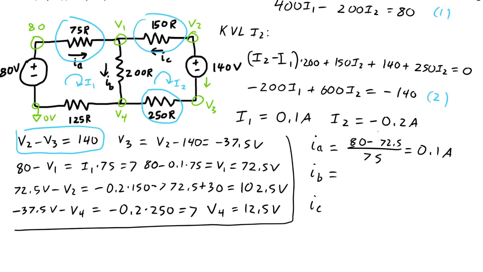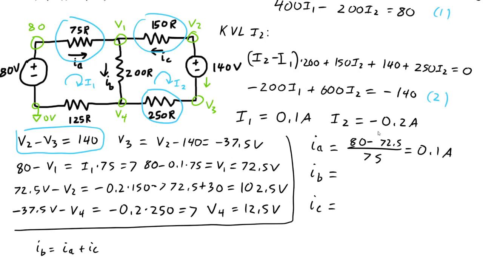Anyway, IB is going to be, you could say IB is IA plus IC. So if we go back and skip to IC, you notice that IC is going opposite of I2, and by the same logic that IA is I1, we can say that IC is negative I2.